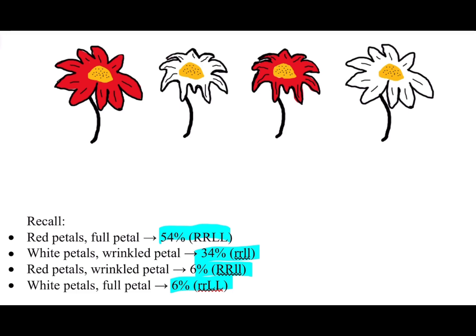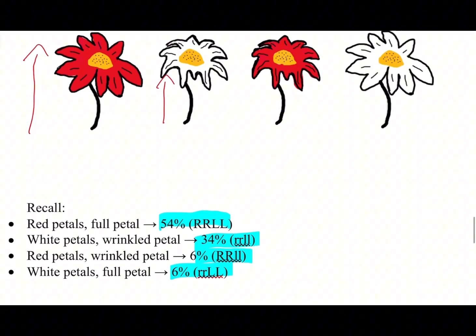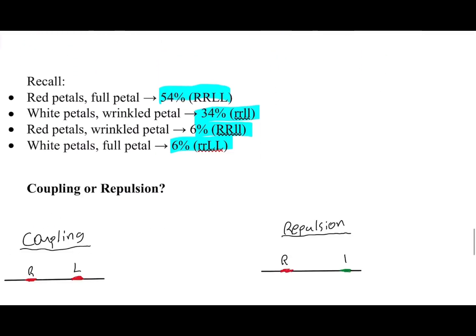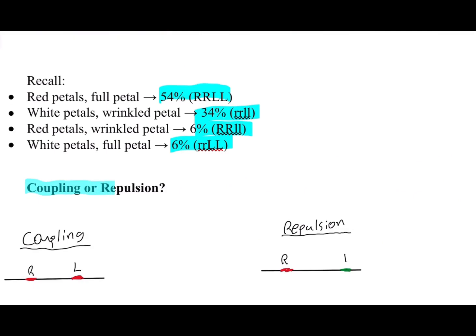This means that normal inheritance patterns are not being followed, as the frequency of the doubly recessive trait of white wrinkled petals is the second most common, while the doubly dominant trait of red full petals is the most common. Linkage is likely present.